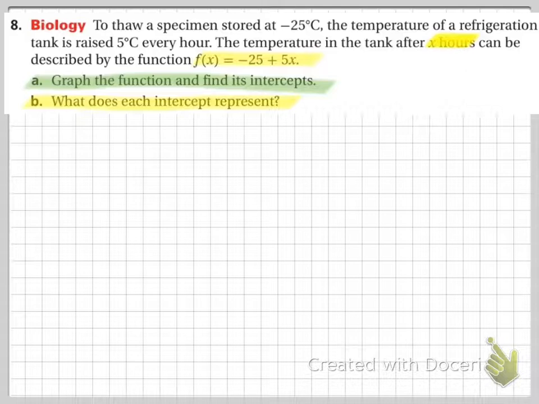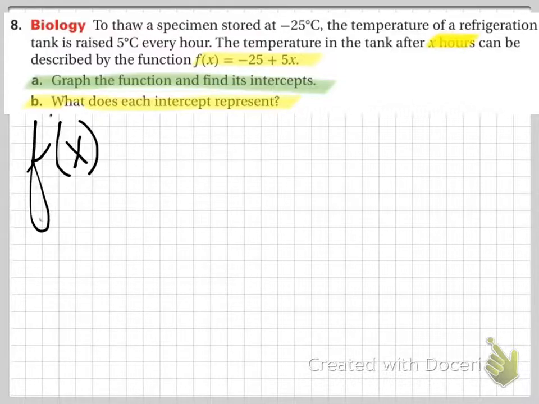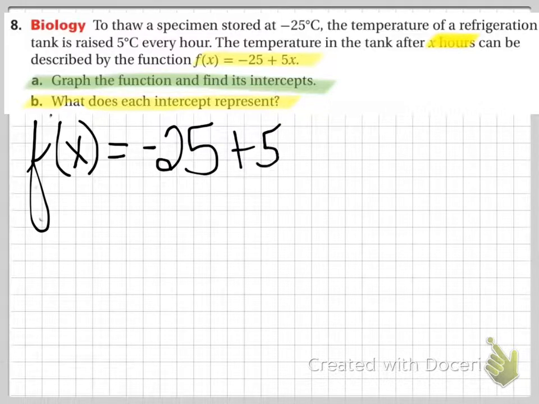So here we go. We have f of x. Remember, f of x means nothing except just a placeholder for y. So I can also change that to say y. Same thing. So we've got f of x equals negative 25 plus 5x.